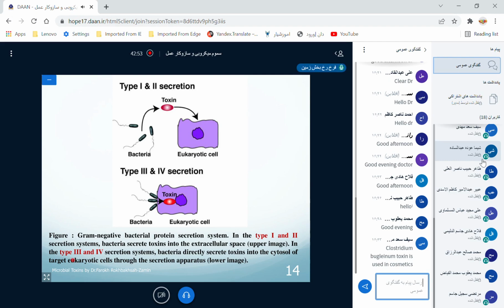In the type 3 and 4 secretion systems, bacteria directly secrete toxins into the cytosol of target eukaryotic cells through their secretion apparatus. But what is the secretion apparatus? How can they inject? Do they have a syringe? Do they have a needle?